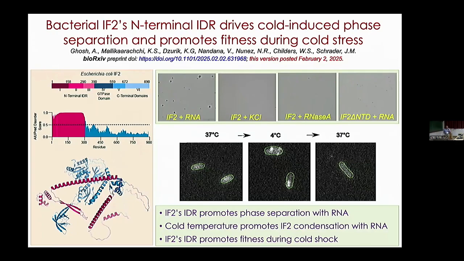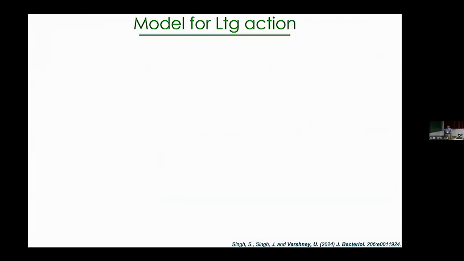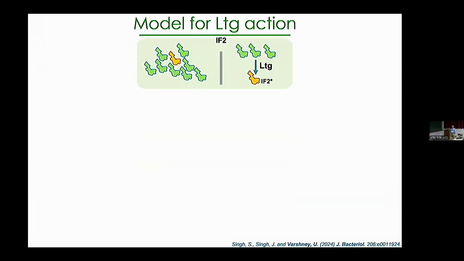So a hypothesis then is that IF2 probably exists in multiple conformers, or at least two conformers, and maybe one of the conformers is helping that. The situation is as follows: when you overproduce IF2, naturally there is some conformation which might be doing the job of RSGA, but when you don't have enough IF2, then you force it by putting in lamotrigine, which will bind to IF2 domain 2 and bring about some change in the conformation.